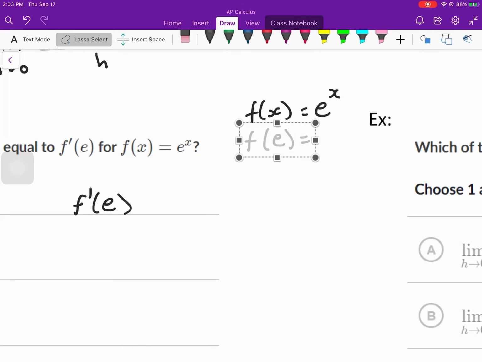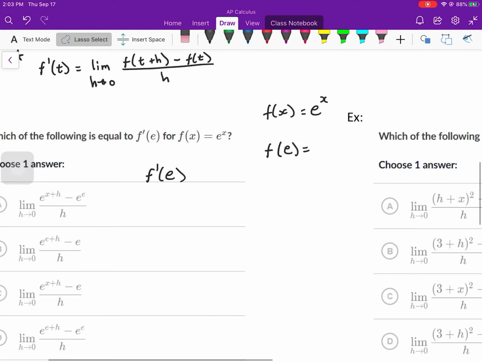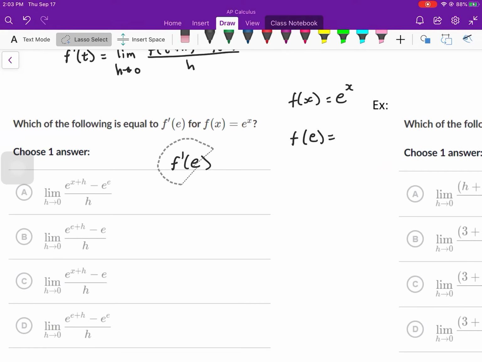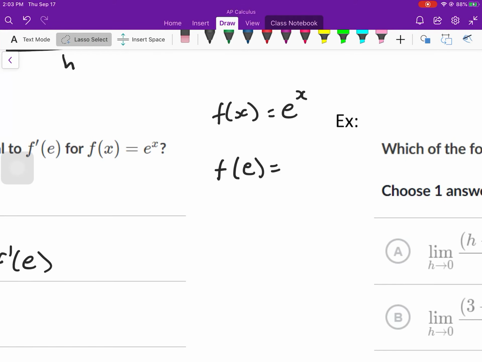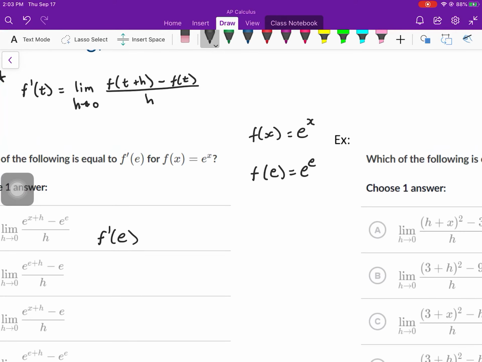It's usually where the struggle comes from. This is the part I had to break past before this made sense. So we'll go over that in a little bit. So what is f of e? Well, f of x is e to the x, so f of e would be e to the e. Sounds crazy.